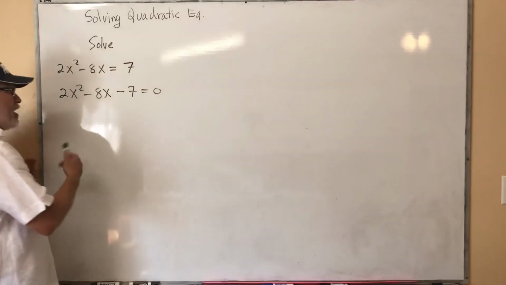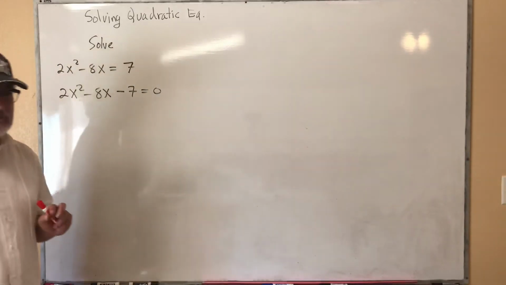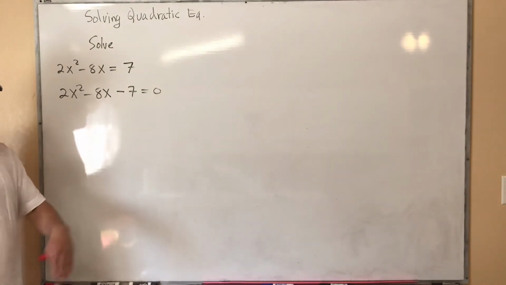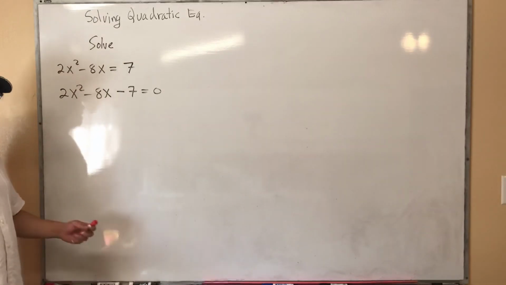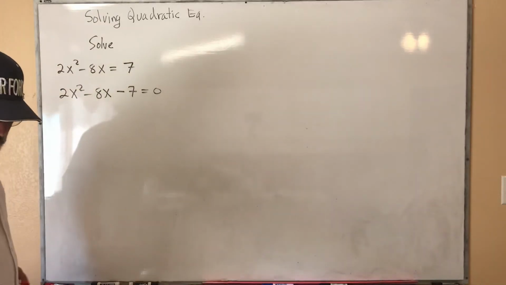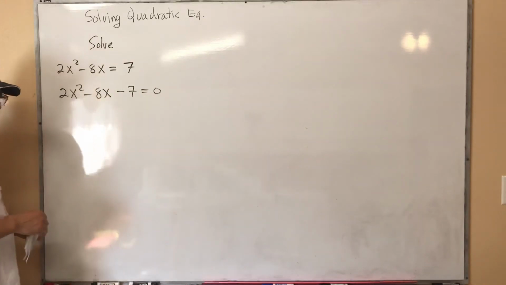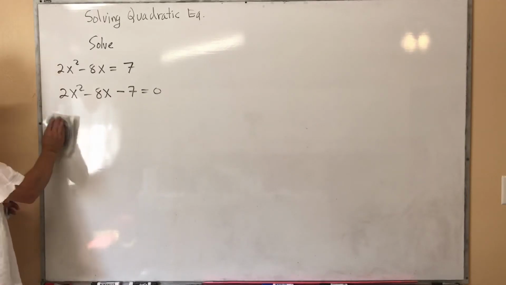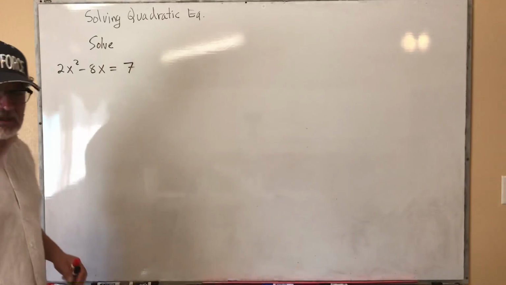Here we try to factor it. It's not factorable. So instead of looking for factors, I'm just going to forget about this. Let's just complete the square. It's easier. So forget about trying to factor this one. You can try, okay? But I don't want to mess with that. Let's just complete the square.